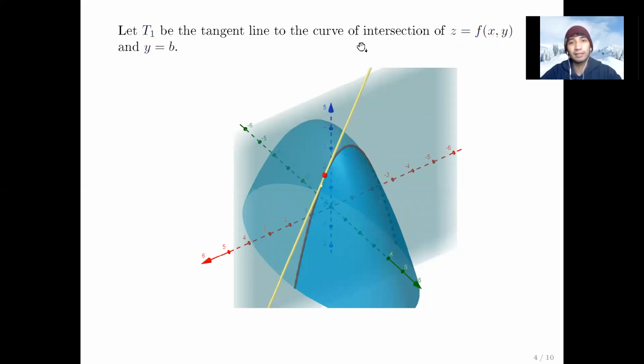Para masagot yan, let's consider this surface S, and let's intersect the surface S by this plane y equals b. Okay. So intersecting, you get some curve here, the black one. And then pwede natin kunin yung tangent line at the point P. Let's call this T sub 1.